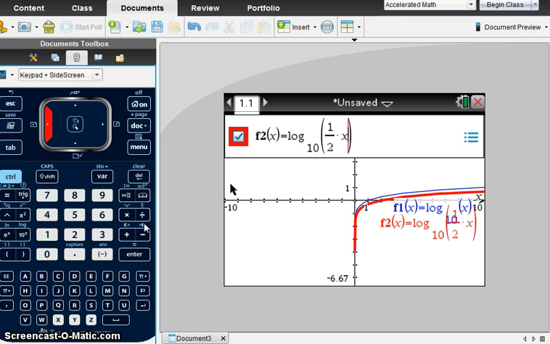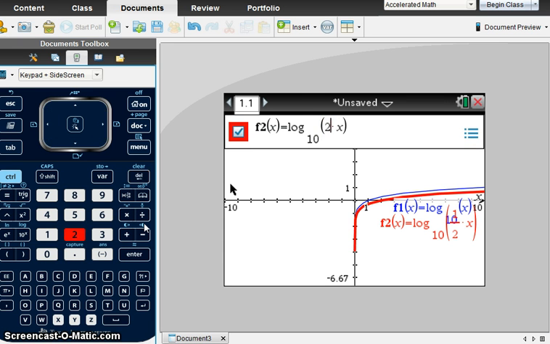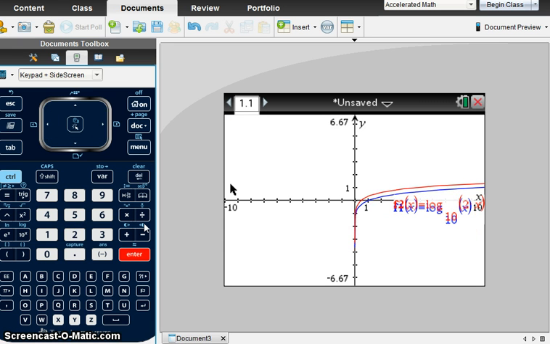And if we want to do a horizontal compression by a factor of 1/2, we would need to multiply by 2, kind of the opposite of what we think. And there we go, we have a horizontal compression, here by a factor of 1/2.